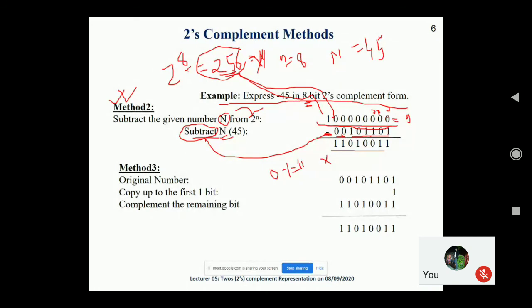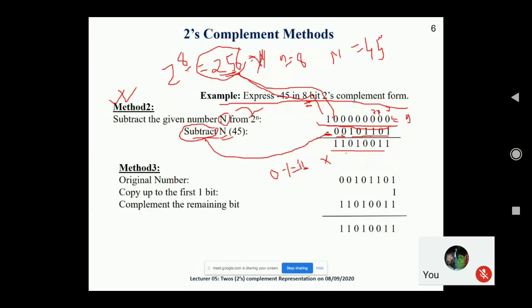Instead of 0 here, we are writing 1. So 0 minus 1 is 1. Again a borrow bit is generated, so 1 minus 0 is 1. Again, because this one is a borrow bit, instead of 0 here I'm getting 1. So 1 minus 1 equals 0. Again, this one is 1. So this way we are using.